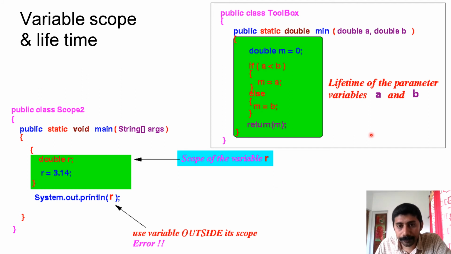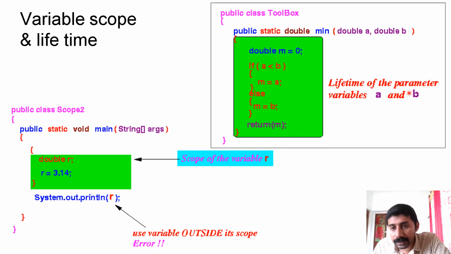Now lifetime. Let us consider this example. I have a min method. Min function is there. I have created one double m, and here I am doing some computation and returning.